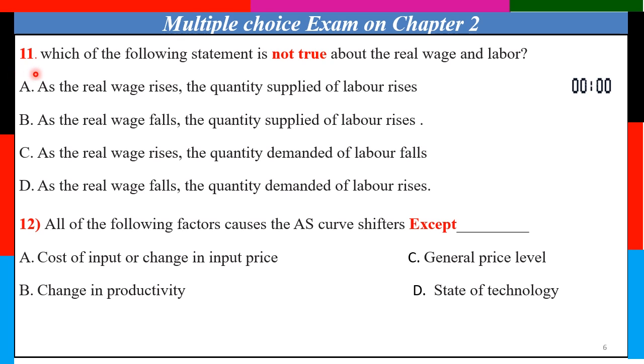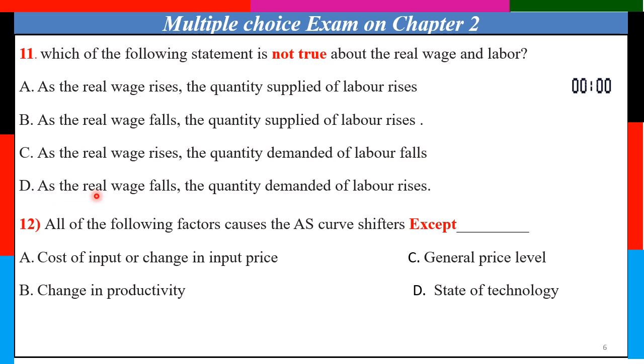Question number 11. Which of the following statements is not true about the real wage and the labor? A. As the real wage rises, quantity supplied of the labor rises. B. As the real wage falls, quantity supplied of the labor rises. C. As the real wage rises, the quantity demanded of the labor falls.